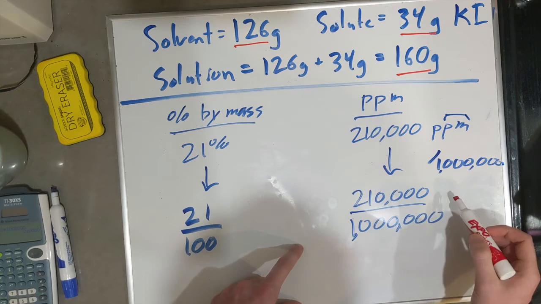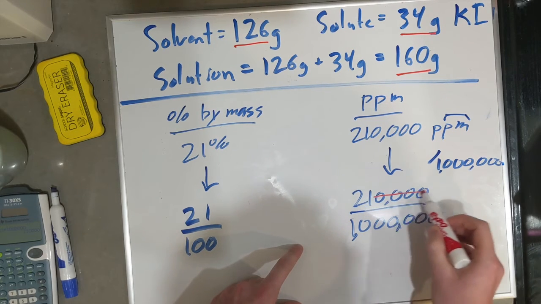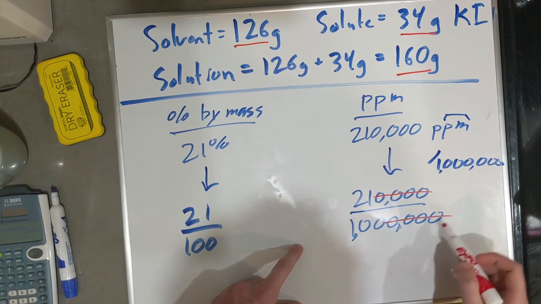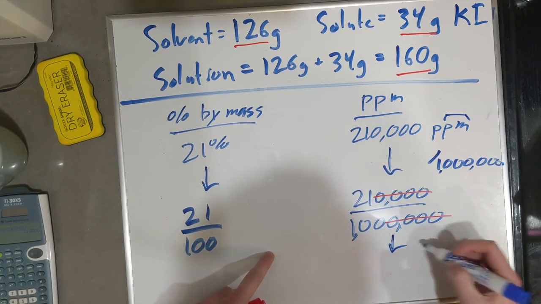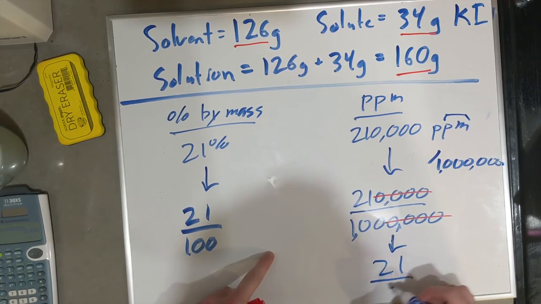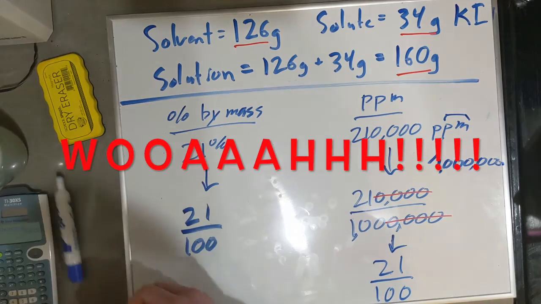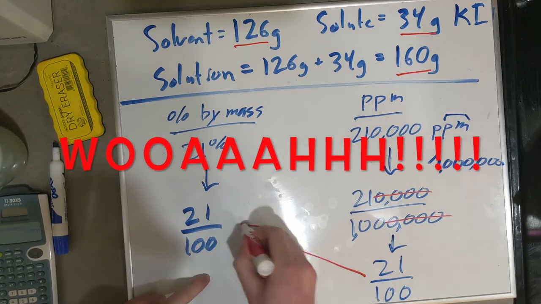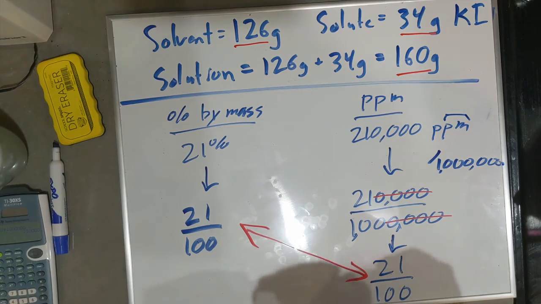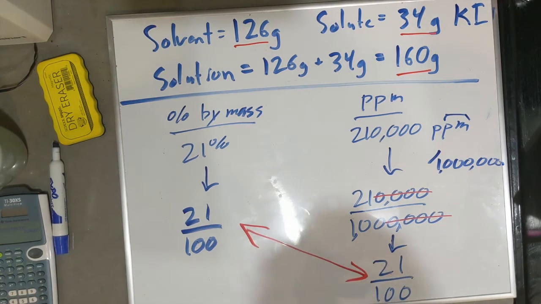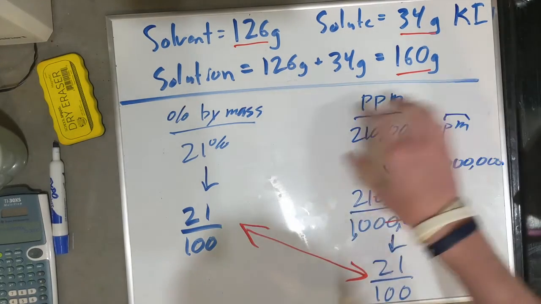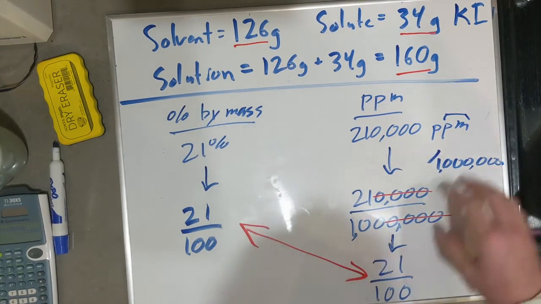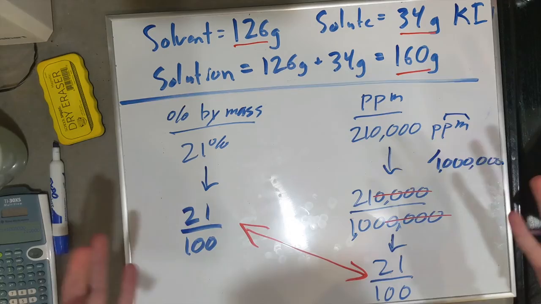We just cross out zeros to simplify. So we have 4 zeros here, and 4 zeros here. Simplify it again: 21 out of 100. They're the same thing. The ratio hasn't changed. It's just a different unit. Parts per million, percent, out of 100, out of a million, basically means the same thing.